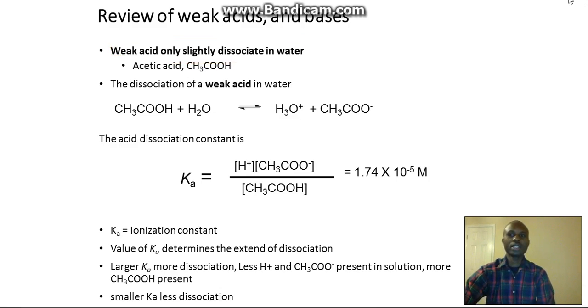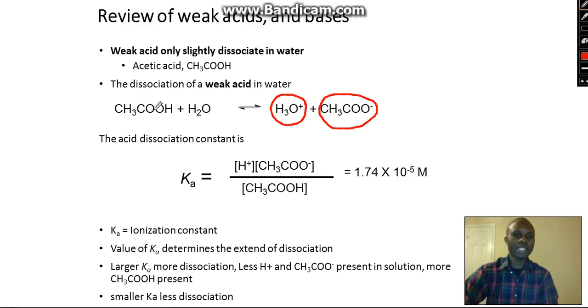The acetic acid will dissociate in water to form a hydronium ion and an ethanoate ion. So the acetic acid loses a proton to water to form this hydronium ion, and the resulting ion is the ethanoate ion.